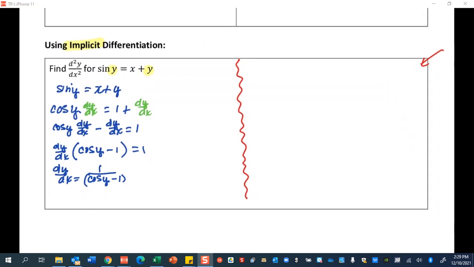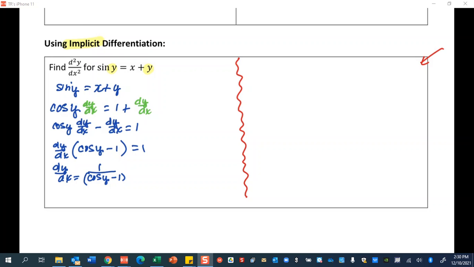So now we're going to find the second derivative of this same function.